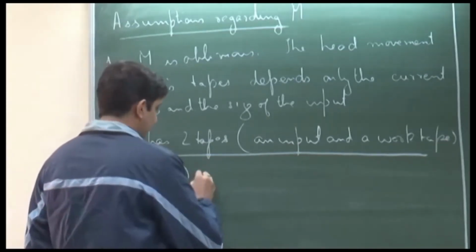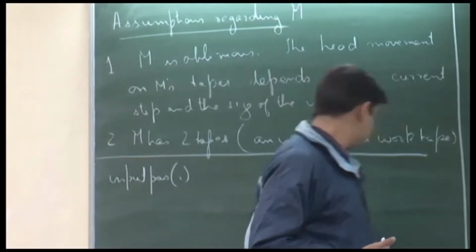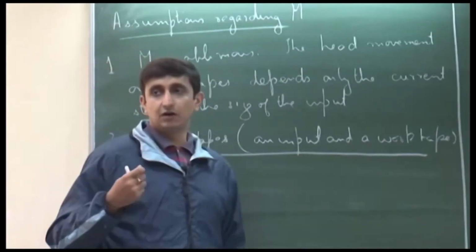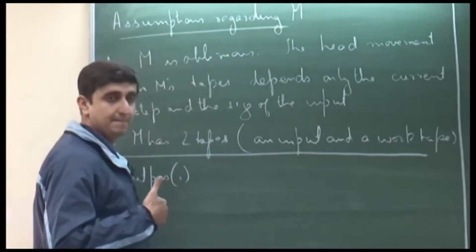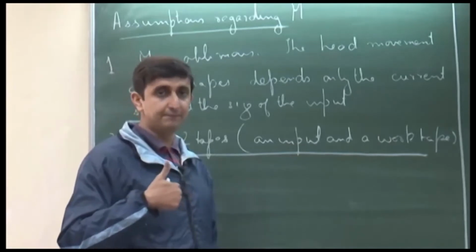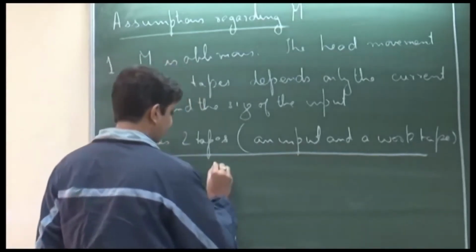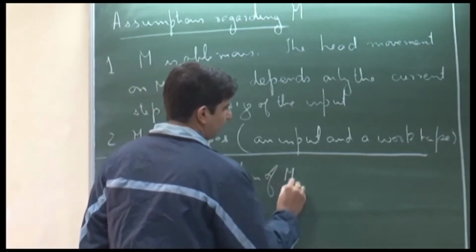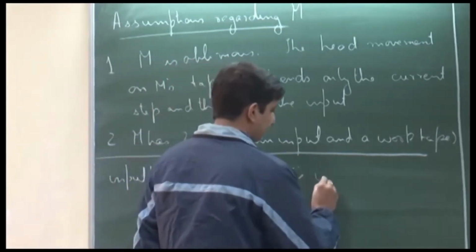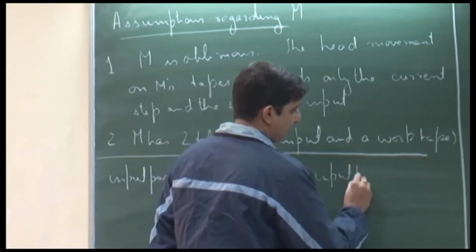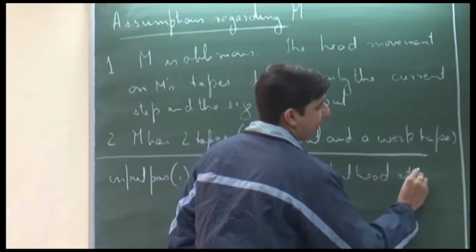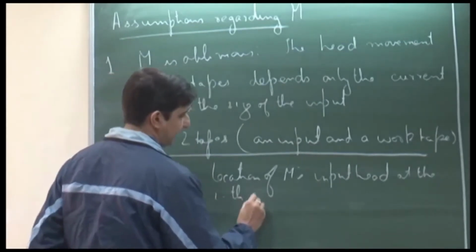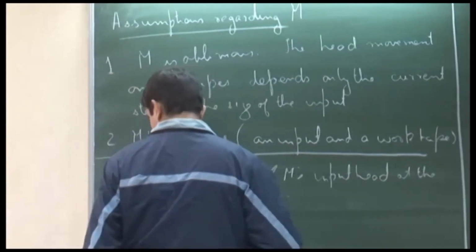Given an argument i, the value of this function is the location of M's input head at the ith step.